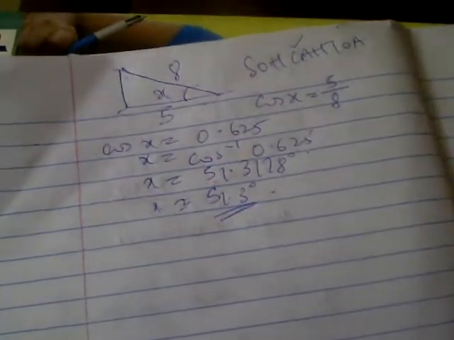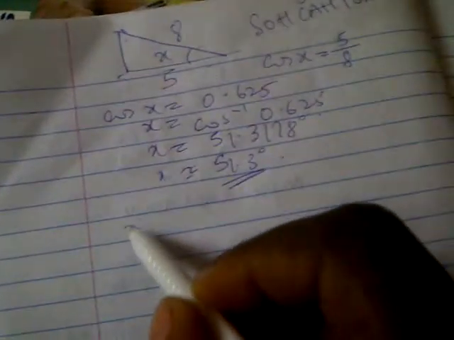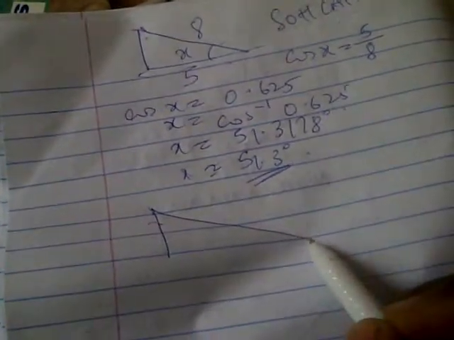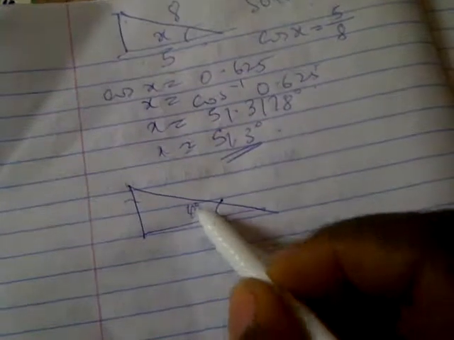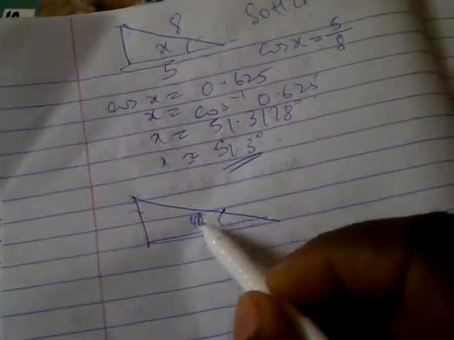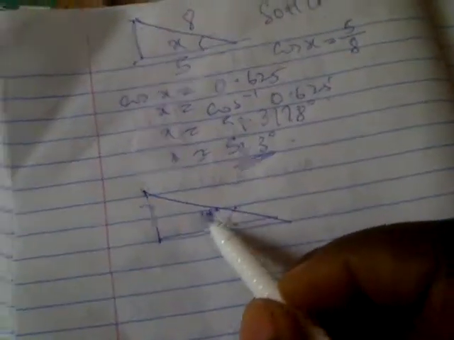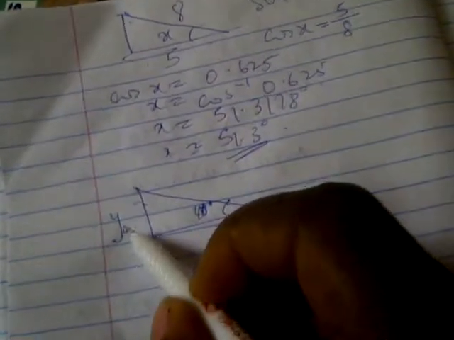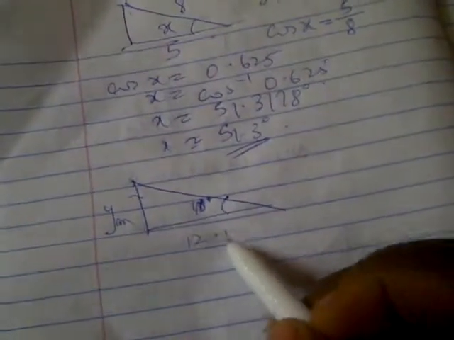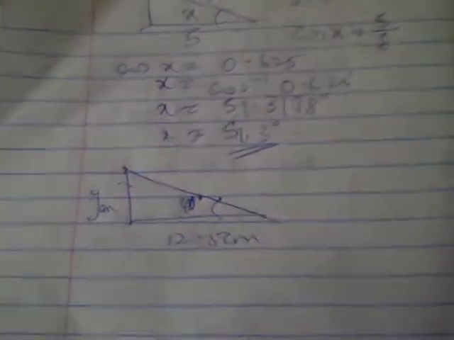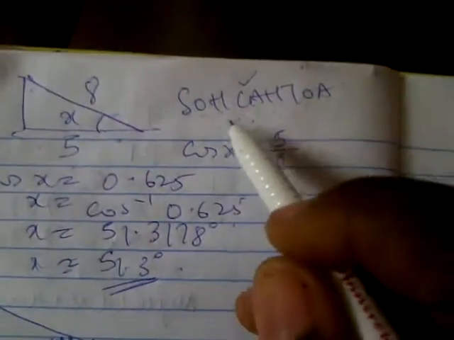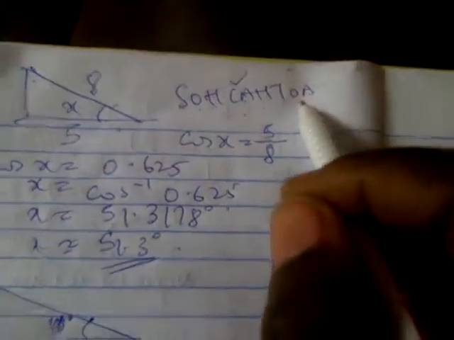Now we're given another question. Here we had 40 degrees, then opposite we had y centimeters, and here we had 12.5 centimeters. Now you can see that they gave us opposite and adjacent. We'll go back to our SOH CAH TOA and find the one that has opposite and adjacent, and that's tan.